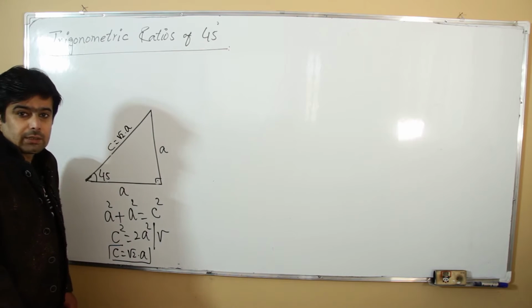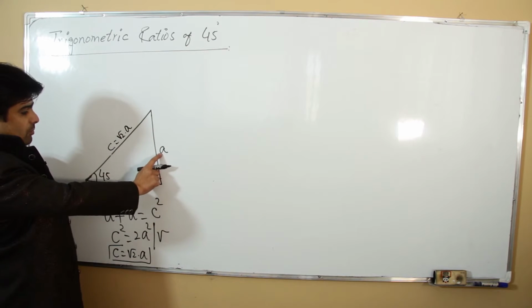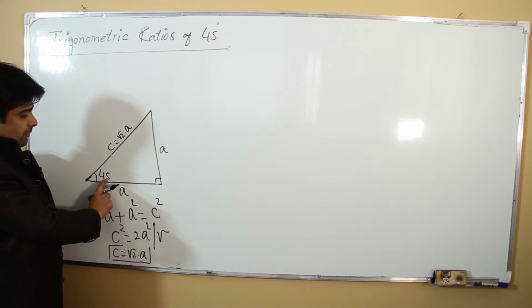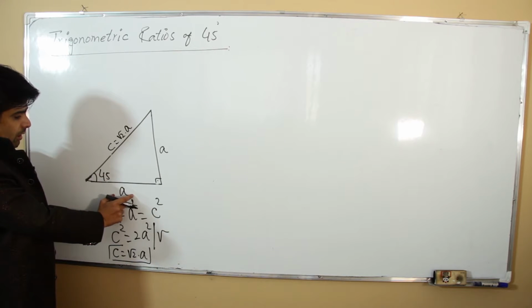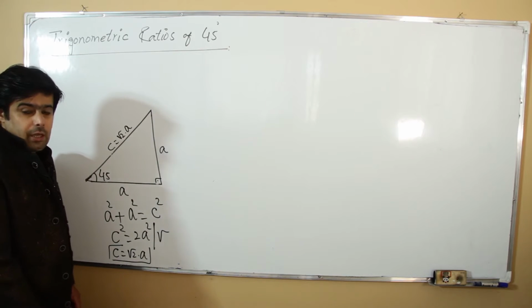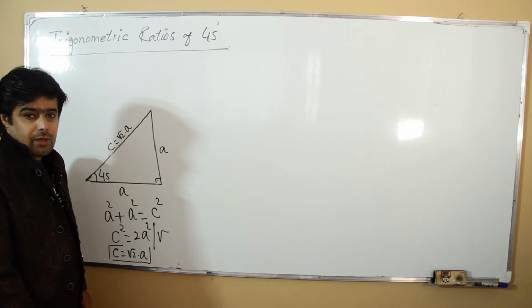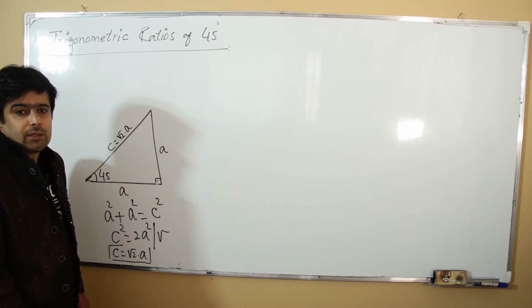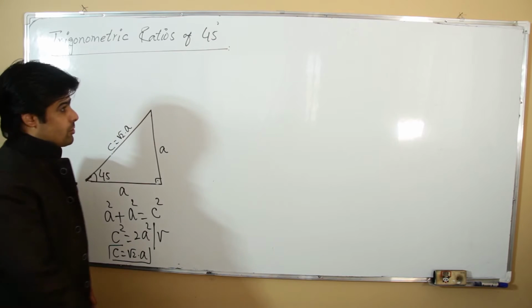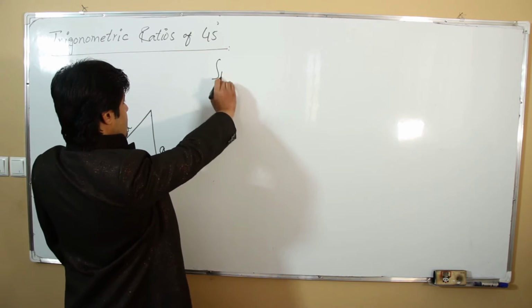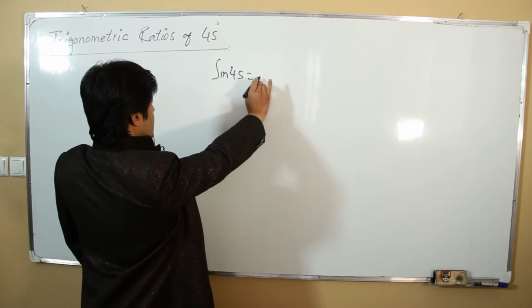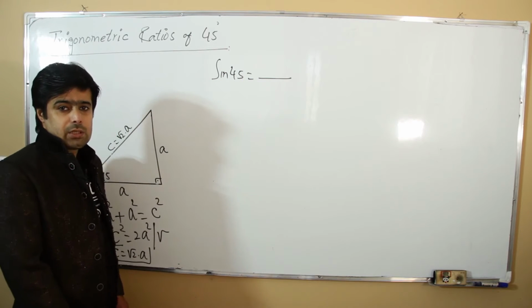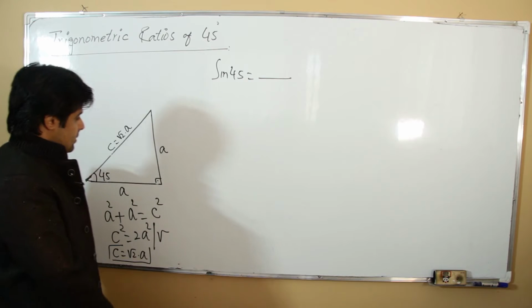Am I right? Yes. Now, you know the opposite side for 45, you know the adjacent, and you know the hypotenuse. If you know the 3 sides of a right triangle, you are able to define all the trigonometric ratios. Now, sine of 45 is equal to opposite divided by hypotenuse.